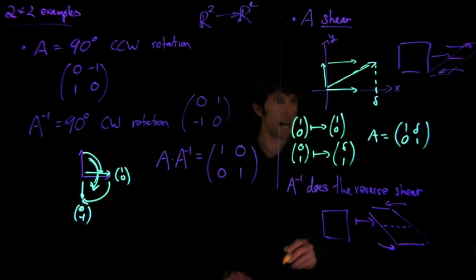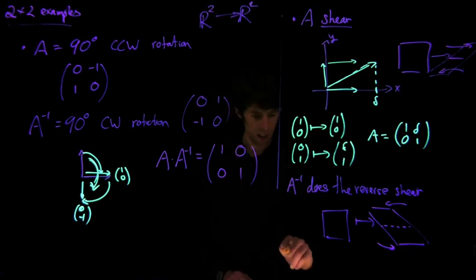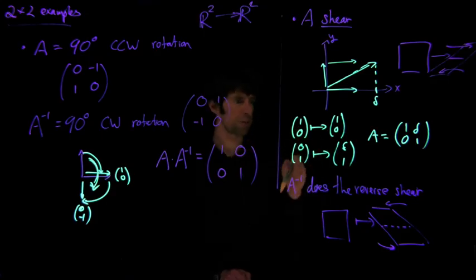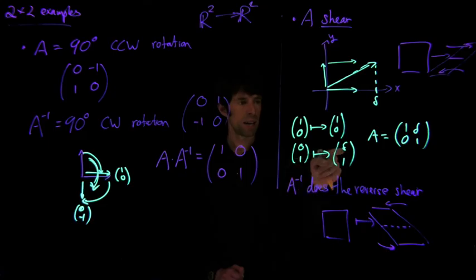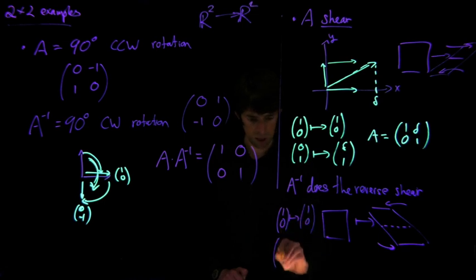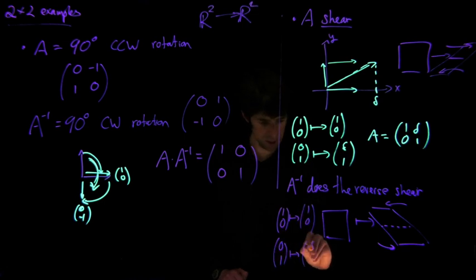And so now, if you do the same picture here, we'll get that we still have to fix the vector 1, 0. So this vector doesn't move. It's what's called a fixed point. And the vector 0, 1 now has to get sent to minus delta, 1. So 1, 0 has to be sent to 1, 0. And 0, 1 has to be sent to minus delta, 1.